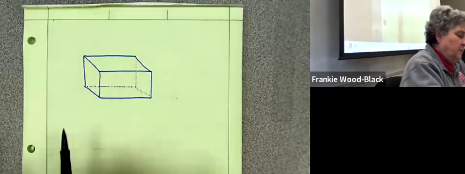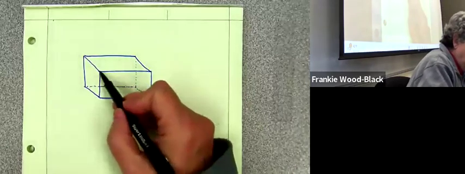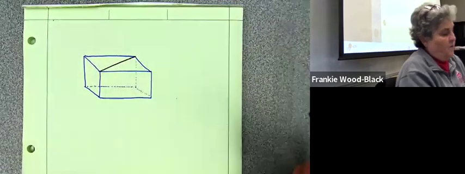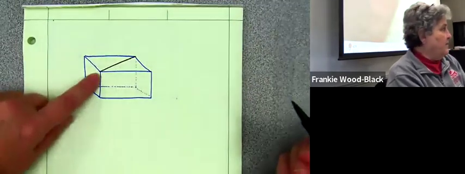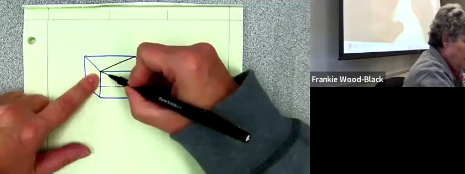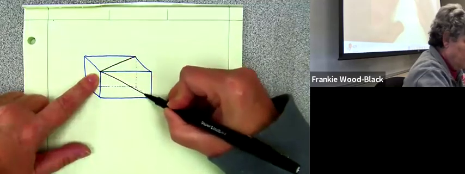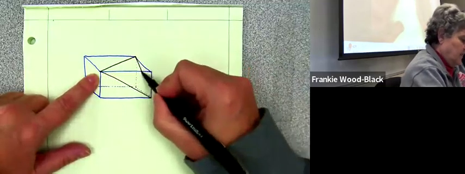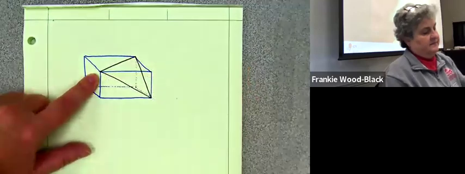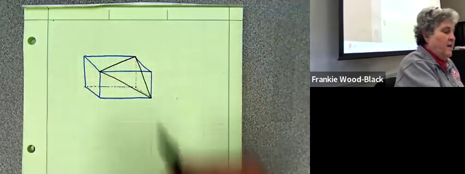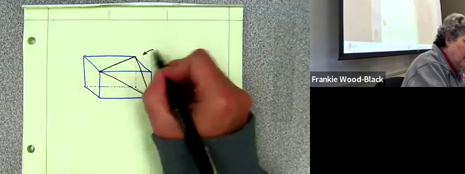All right, we're looking at a triangle that's made up of one side is the diagonal of the top of the box. One side is the diagonal of the side of the box, and one side is the diagonal of the other side of the box. So that's our triangle that we want to get. And we want to find the black triangle.